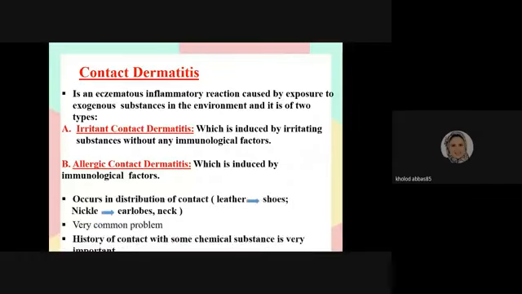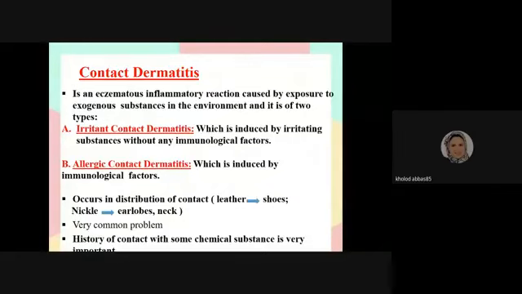Example about contact dermatitis, usually occurs at site of contact with the material. We have leather material in shoes causing dermatitis, leather dermatitis, or nickel. A common site of nickel allergy is the earlobe in earrings. The girls, they wear earrings causing dermatitis, or in the neck in case we're wearing a necklace.